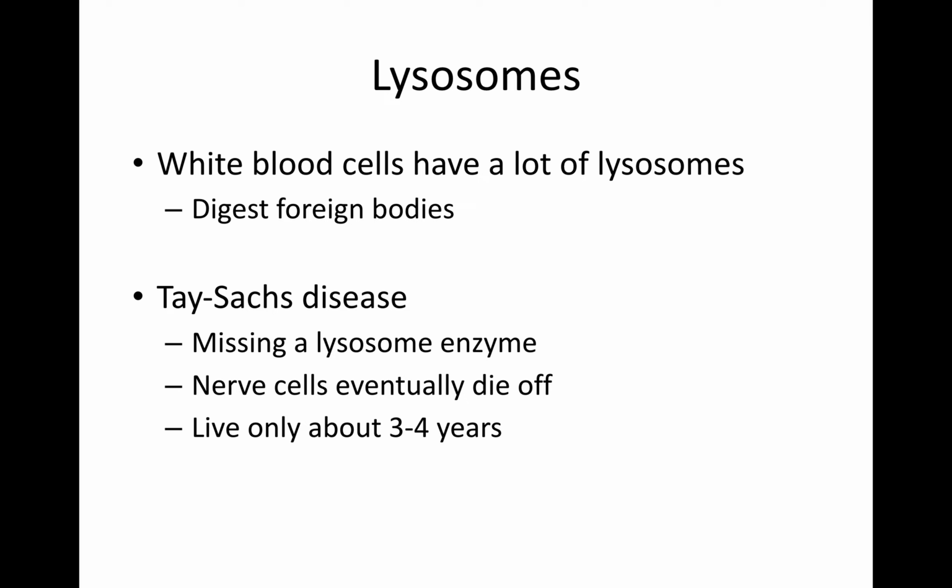Tay-Sachs disease is where you're missing a lysosome enzyme. So their nerve cells eventually die off, and they usually only live about 3 to 4 years because they do not have the enzyme in their lysosomes. They essentially don't have lysosomes. So this is really, really important to live. All this is essential to life.